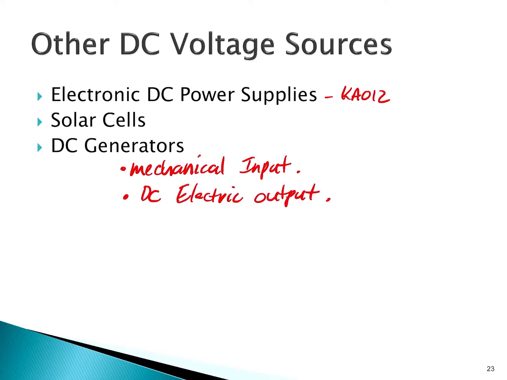This is opposite to something called an alternator, which is mechanical input again, but an alternator gives you AC electric output. So when you have mechanical input and DC electric output, this is called a DC generator. Okay.